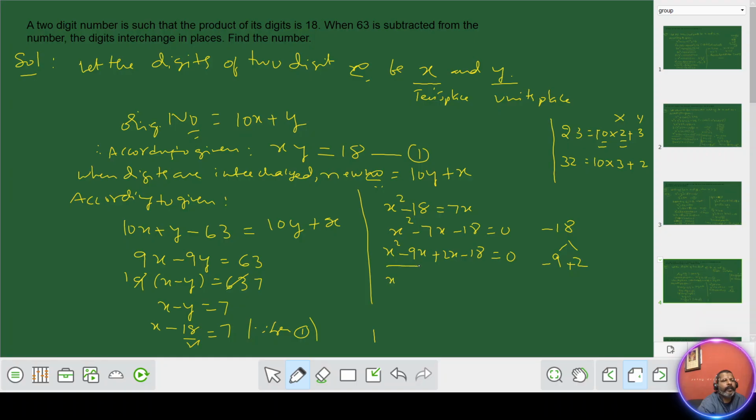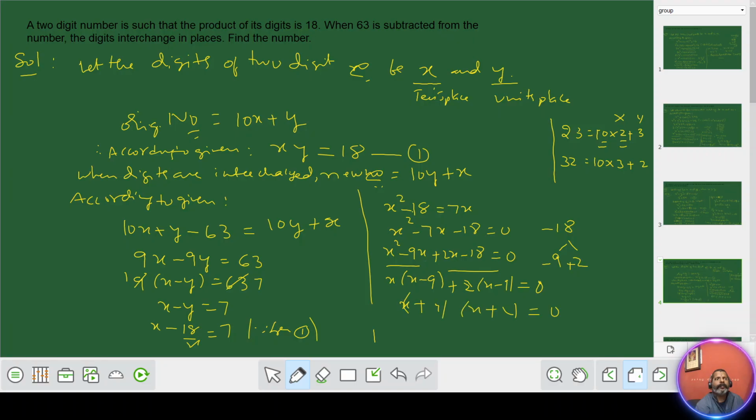Then take common here: x of x minus 9 plus 2 of x minus 9 equal to 0. Then what is common here? x minus 9 is common. Take out that x minus 9, remaining will be x plus 2. So we'll write x minus 9 of x plus 2 equal to 0.